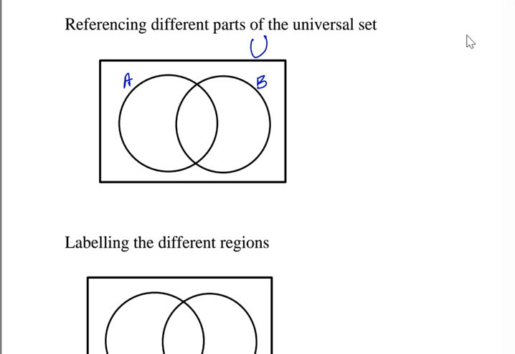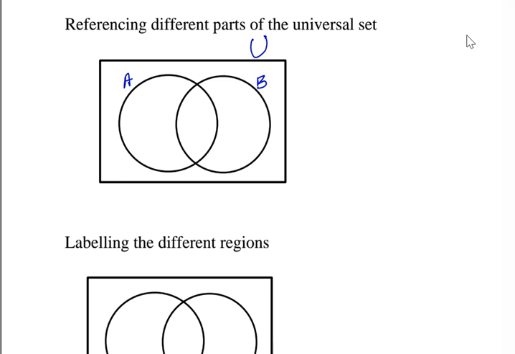We could say that U is the students in a class. A could be the students who are doing accounts, and B could be the students who are doing, let's say, biology.